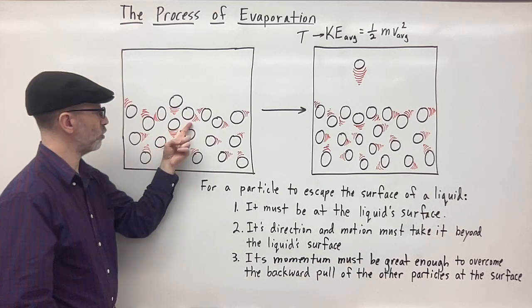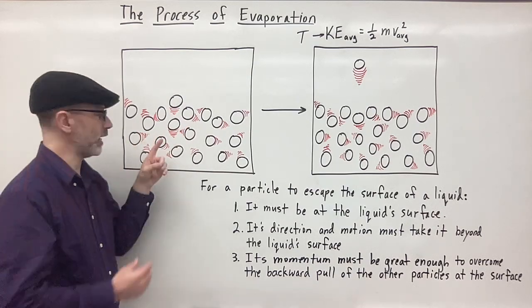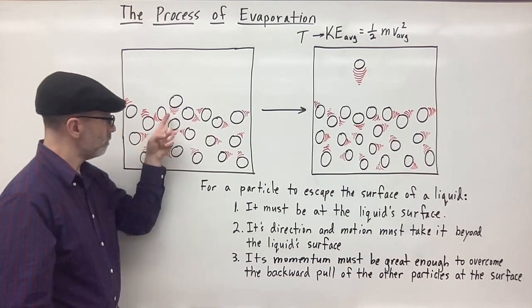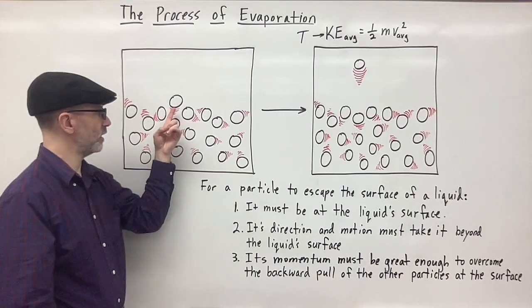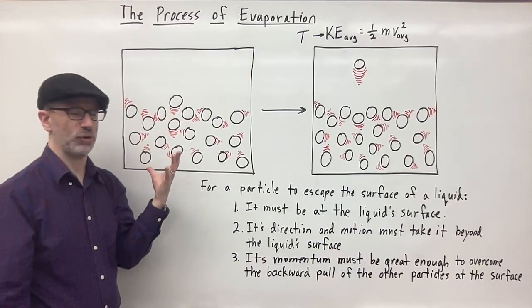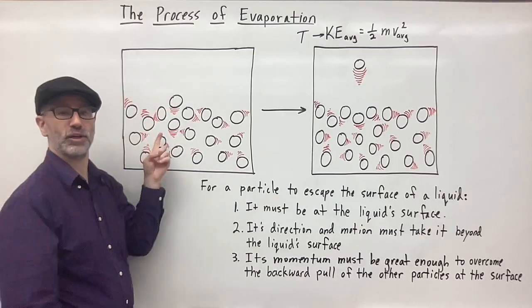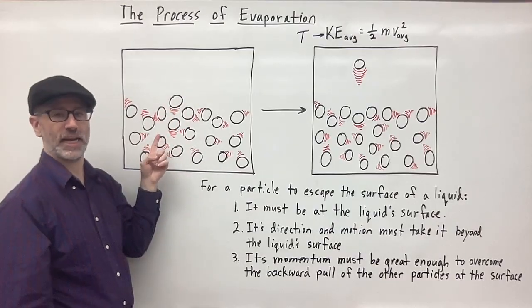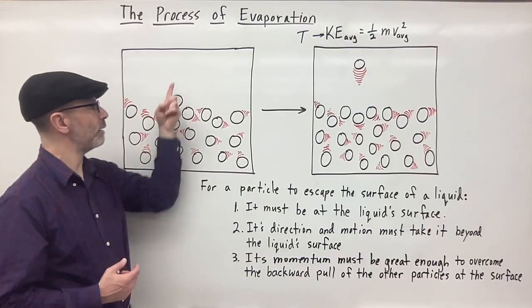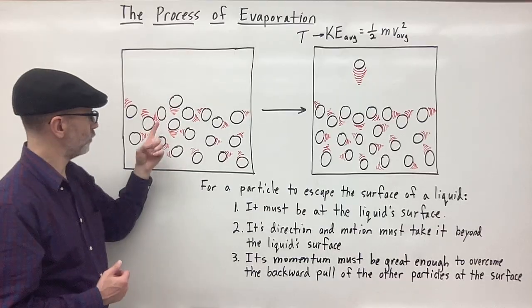Also, these three particles, they could be moving in the same direction. They could actually simultaneously bump into this one, or close to simultaneously bump into this one and give it a good kick, and it'll get that momentum and get that kinetic energy that's absorbed and move out of the surface, right?